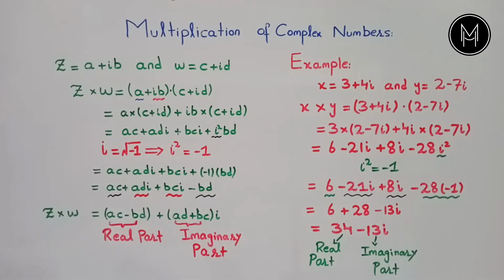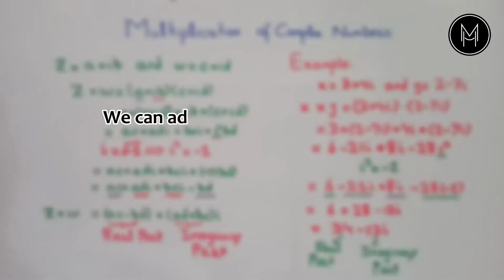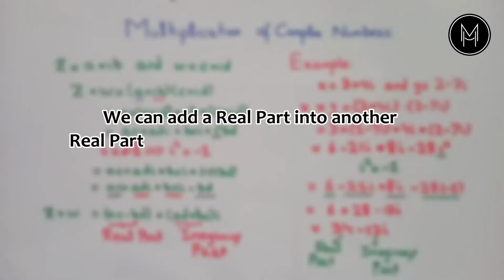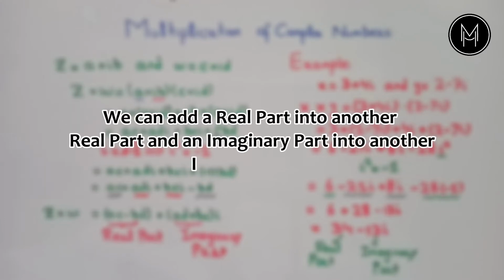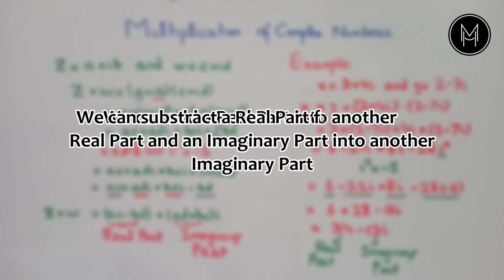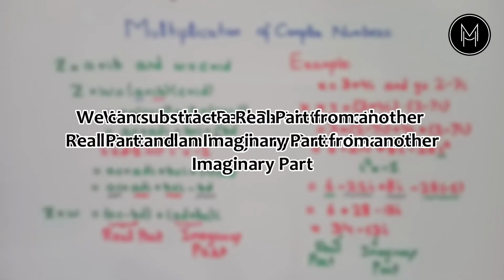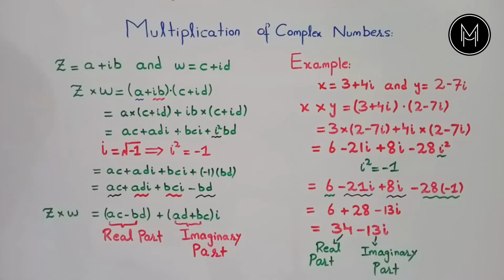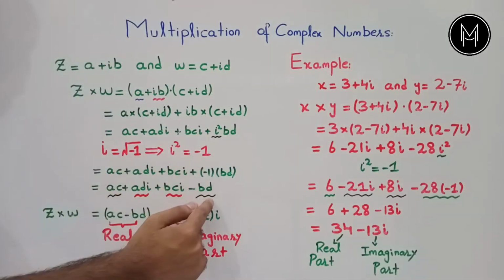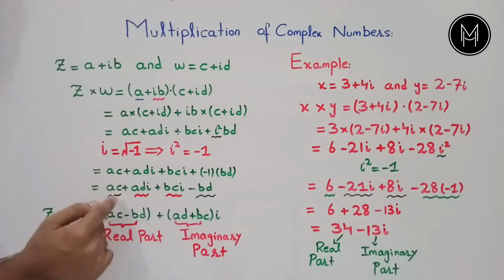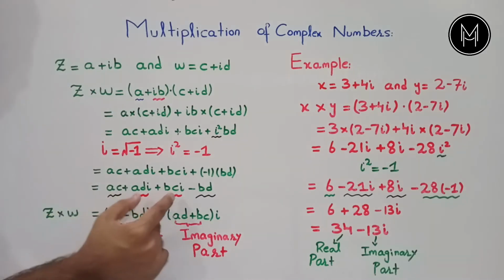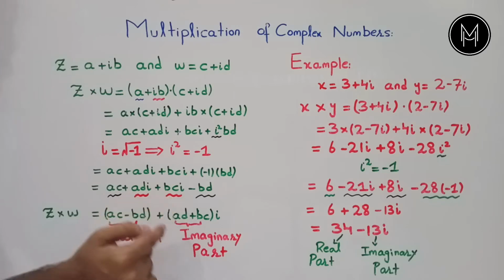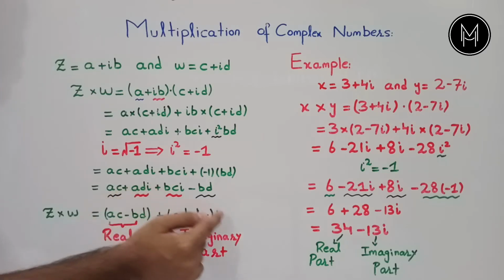Again, I have told you in the lesson of addition and subtraction of complex numbers, we can add a real part to another real part and imaginary part to another imaginary part, and we can subtract a real part from another real part and imaginary part from another imaginary part. So we will subtract the real parts, ac minus bd, and we will add these two imaginary parts, ad plus bc into i.